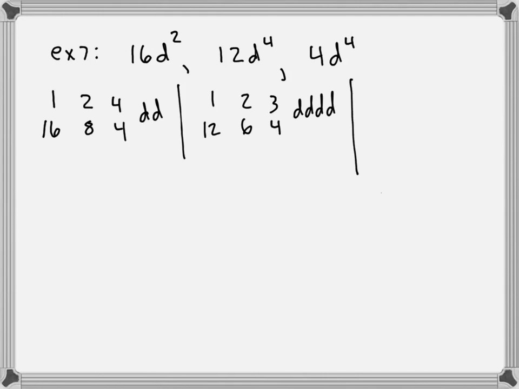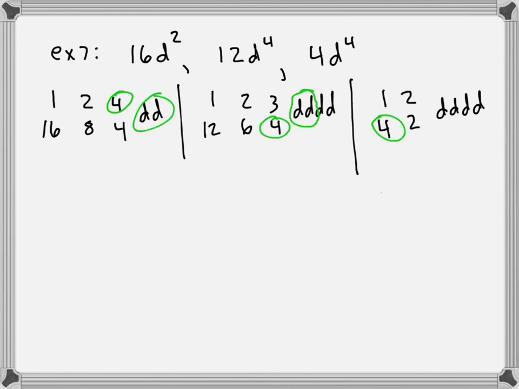And that last one, we have 1 and 4, 2 and 2, and then 4 d's. What is the largest common factor in common to all three of them? That would be a 4 and 2 d's. So our greatest common factor would be 4d squared.